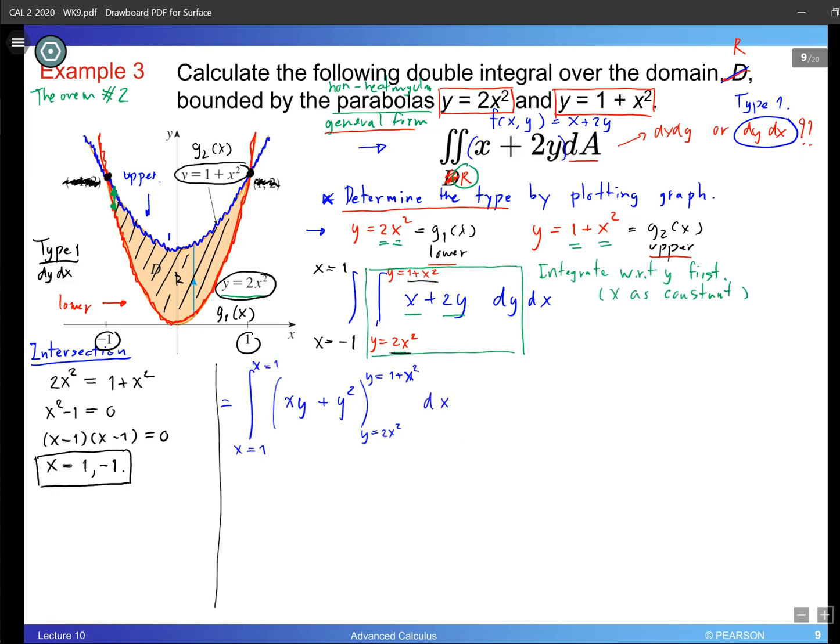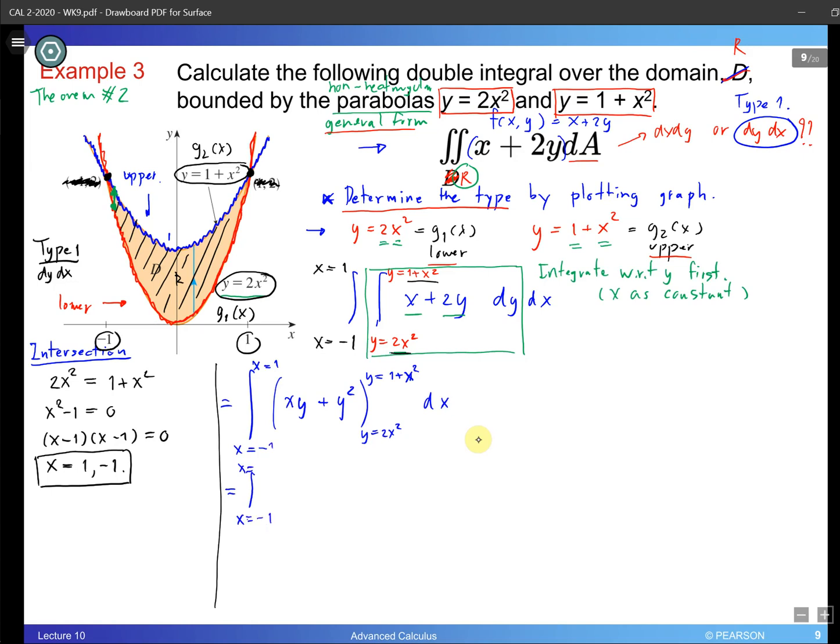Okay, now we need to put all these terms in. Okay, so the integration sign is still here, x equal to minus 1 to x equal to 1. Right here is supposed to be x equal to minus 1.